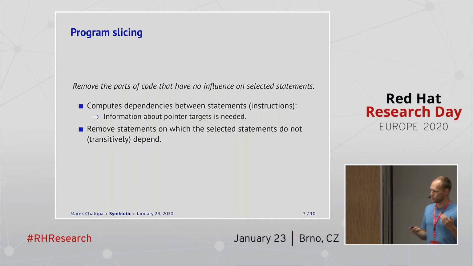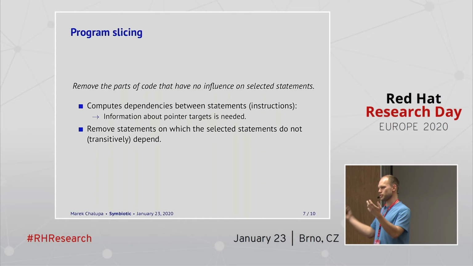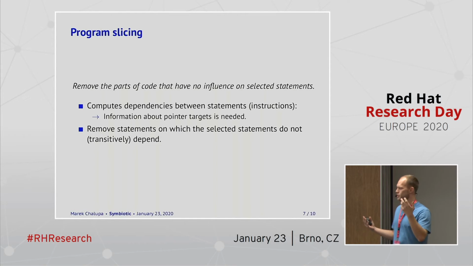So how do we do that? Well, there are basically two kinds of dependencies. There are data dependencies, which arise from the cases where one instruction writes to memory and another instruction reads from memory, and it reads the value written by the first instruction. To compute these dependencies, we need to analyze the accesses to memory. So for that, we need some kind of pointer analysis.